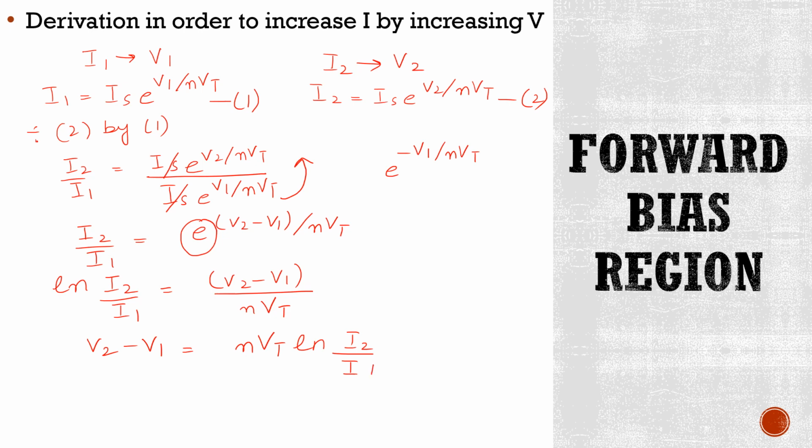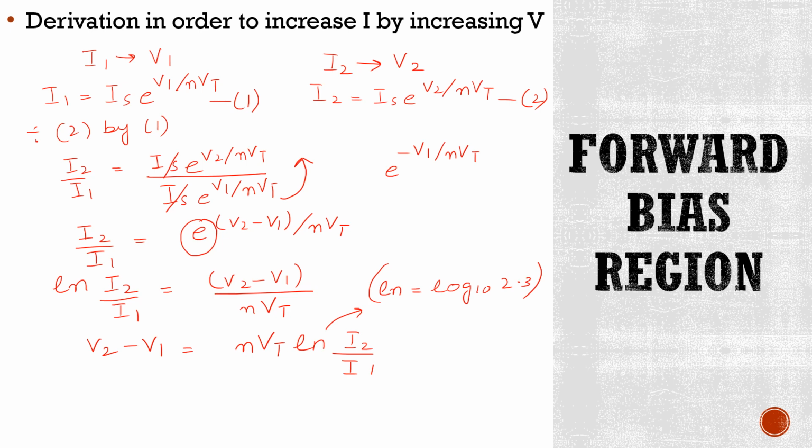Now, for converting this natural log into base 10 log, we multiply base 10 log by a conversion factor 2.3. It means ln is equal to 2.3 log10.